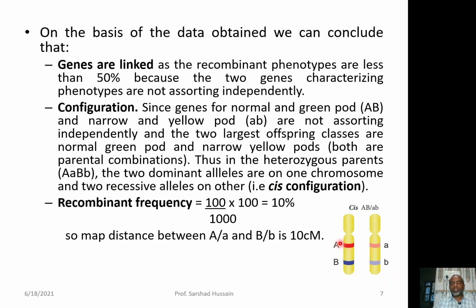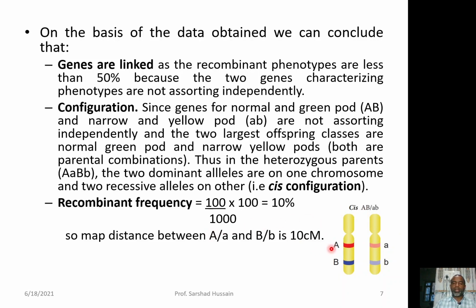Unless the dominants are together and the recessives are together, the result cannot be that the parental combination is more and the recombinant is less. So, it means they are present in the cis configuration, only then you may get the result you have got in the previous slide.